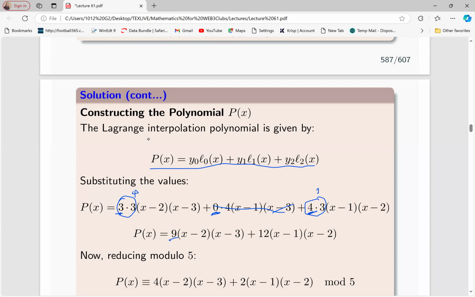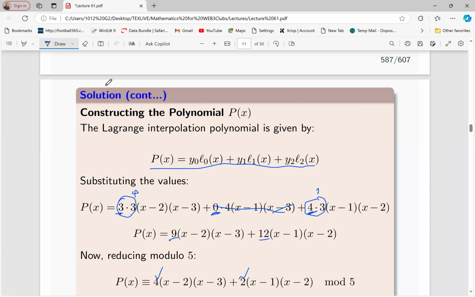Of course, I maintained it, but at the bottom, I used the reduced ones: 9 mod 5, which is 4, and then 12 mod 5, which is 2. Then simplify to get the final polynomial.